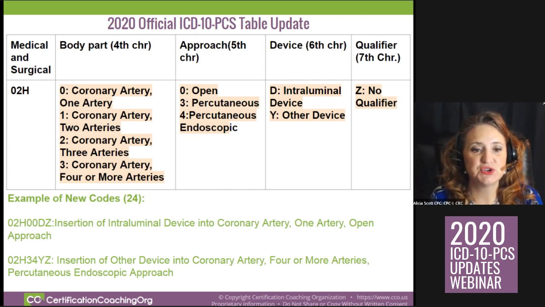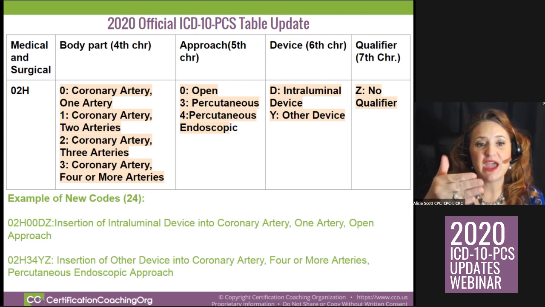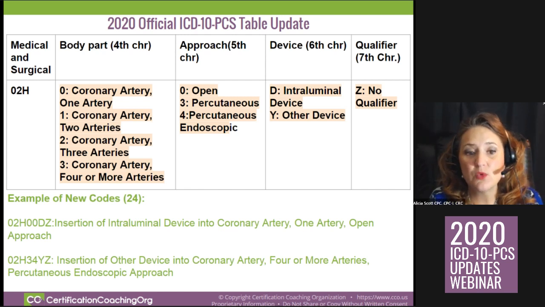So what's an example? If we're going to do an insertion of an intraluminal device into a coronary artery, one artery, open approach. But now we have the option of doing 2, 3, 4 or more arteries. And chances are, I mean, we know they're doing these procedures, we're going into more than one artery.